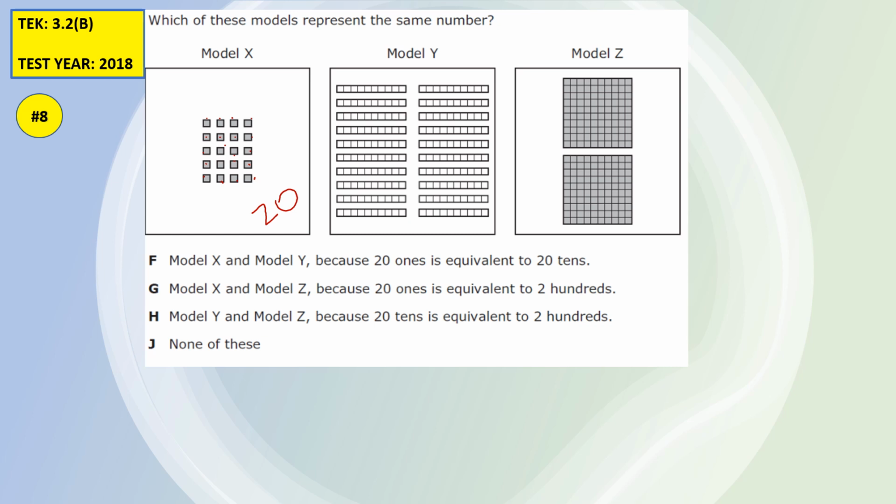So we can count by tens to determine the total for Model Y. Let's count by tens. 10, 20, 30, 40, 50, 60, 70, 80, 90, 100, 110, 120, 130, 140, 150, 160, 170, 180, 190, 200. So, Model Y is equivalent to 200.